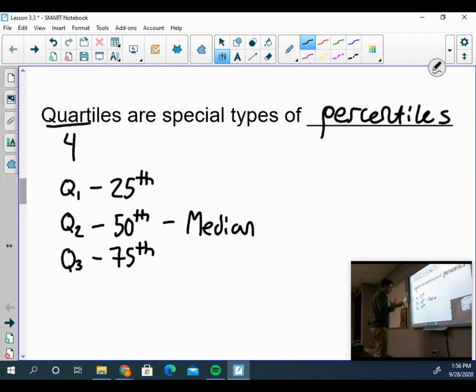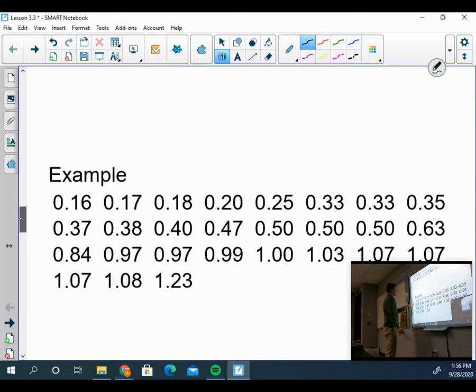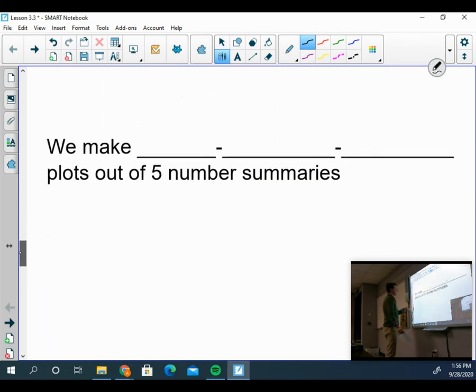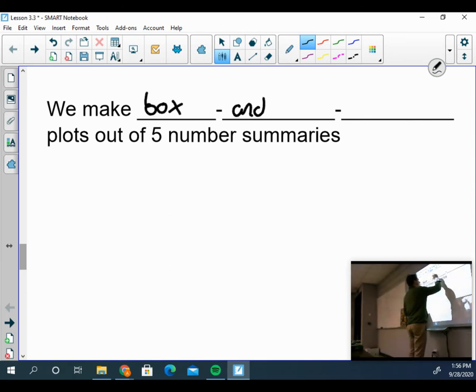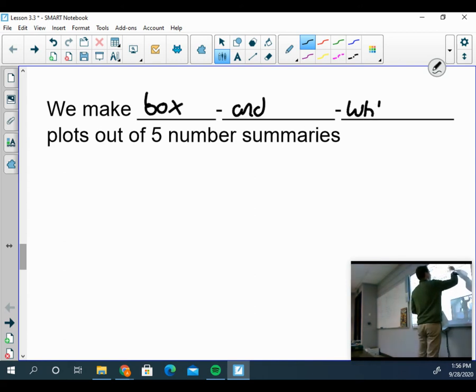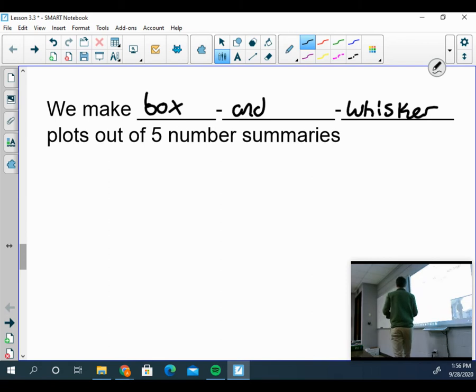So the question becomes, why are we learning about these different ideas? Well, we're going to do this example in a second, but essentially one way we can represent our data that has outliers and explain the spread of it is by making box and whisker plots out of 5-number summaries.